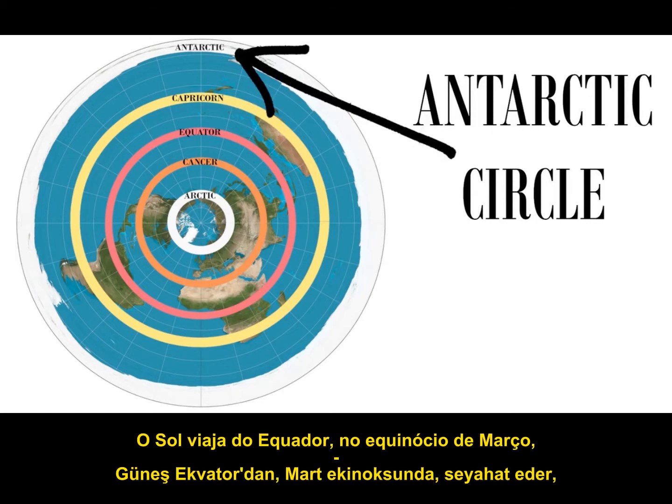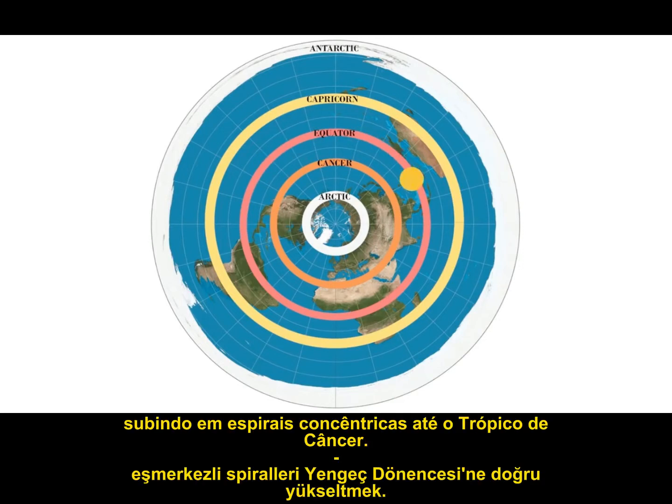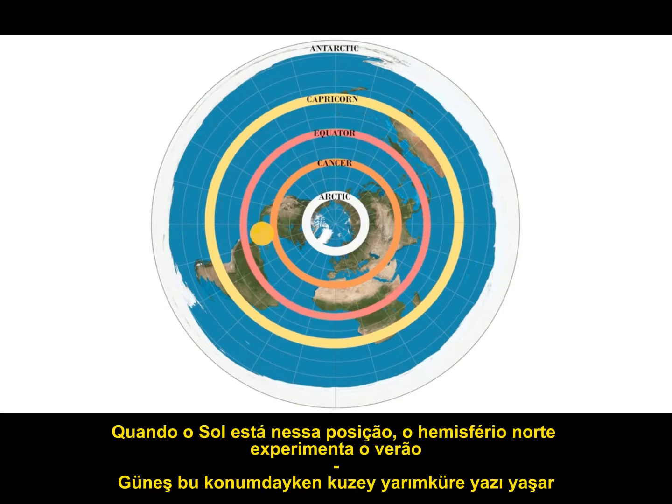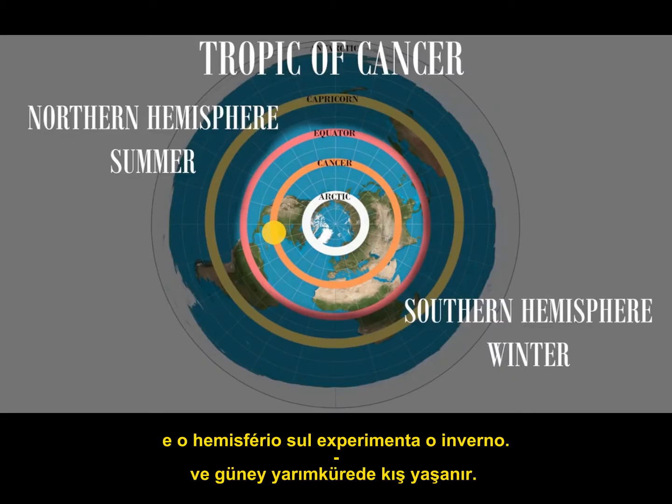The sun journeys from the equator at the March equinox up in concentric spirals to the Tropic of Cancer. When the sun is in this position, the northern hemisphere experiences summer and the southern hemisphere experiences winter.